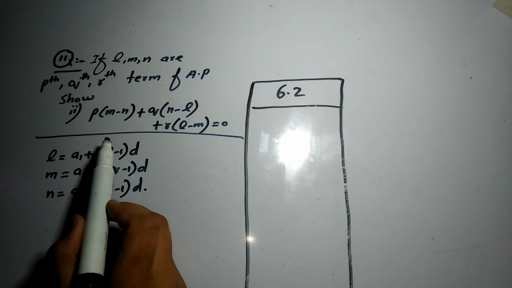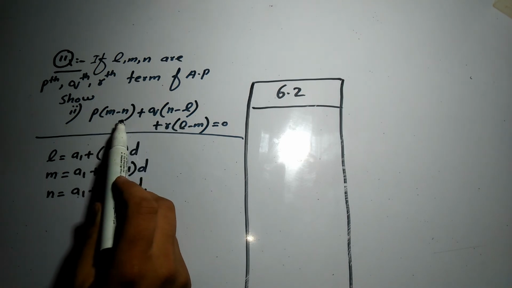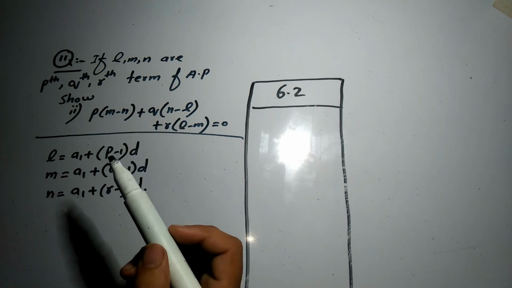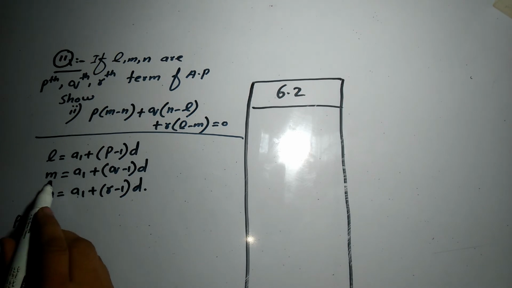So after putting the values of L, M and N into this expression, our final solution will be P times M minus N.